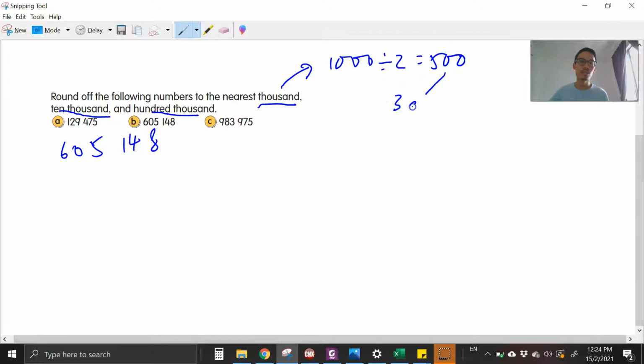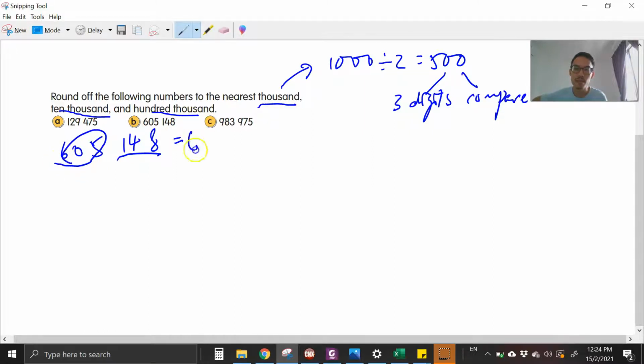So here, two things. The first thing is 3 digits. Second thing is compare. Alright, so we underline the last 3 digits. Compare with 500. Is it bigger or smaller? Smaller. So smaller, you don't do anything. No need to plus 1. You just copy the front number 605. The last 3 numbers just change to 0.